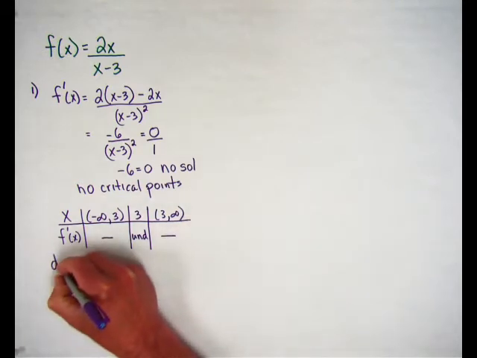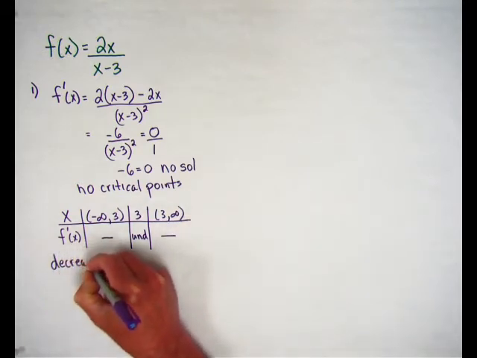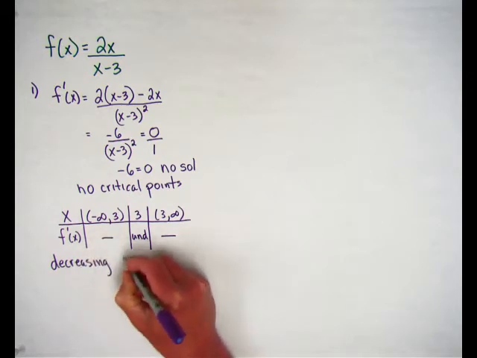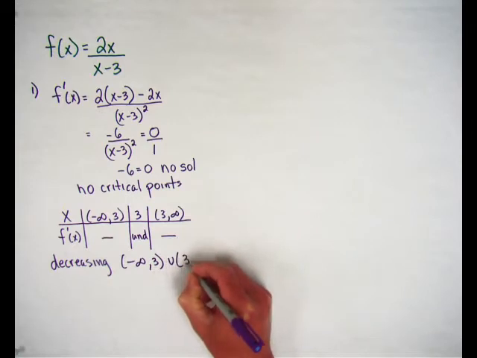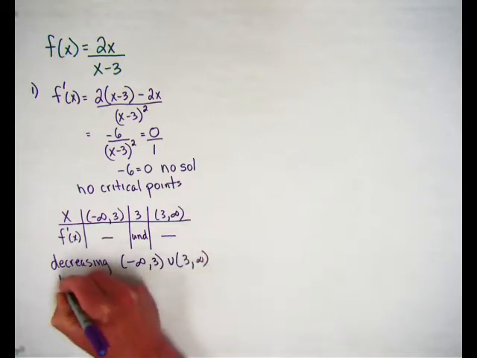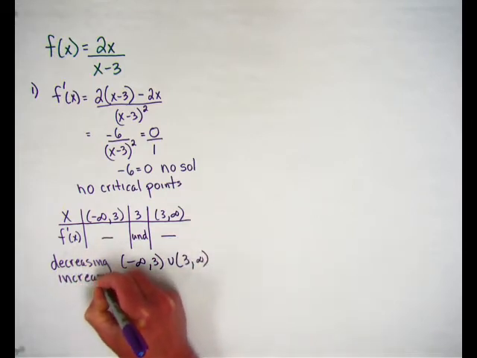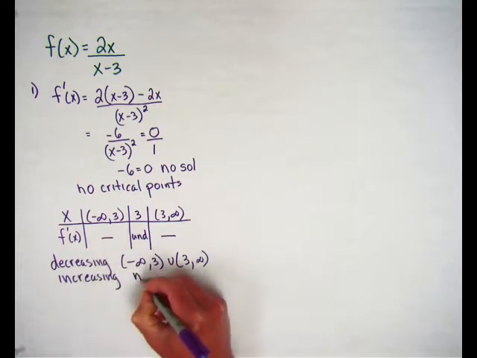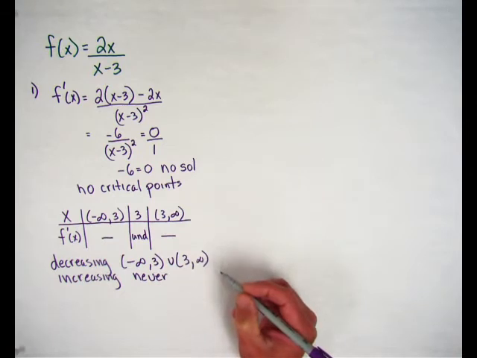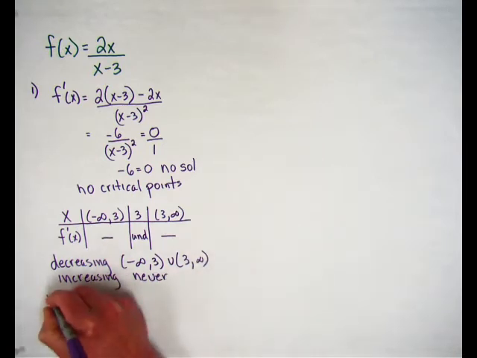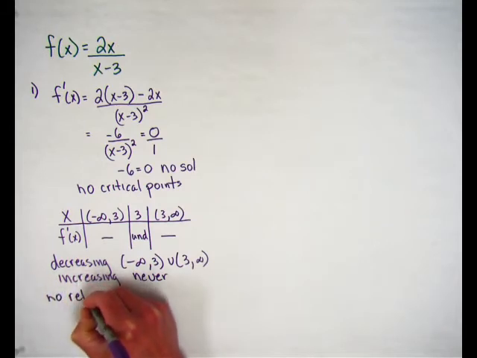So we would say that our function is decreasing from negative infinity to 3, union 3 to infinity, and increasing never. If you were walking on this graph from left to right, you'd never be walking uphill. And you'll see that once we get to the picture. Therefore, there are no relative extrema.